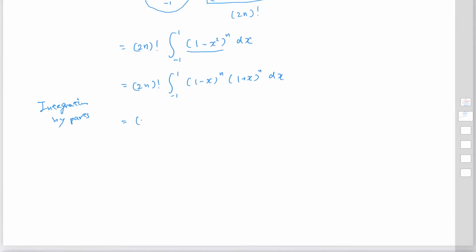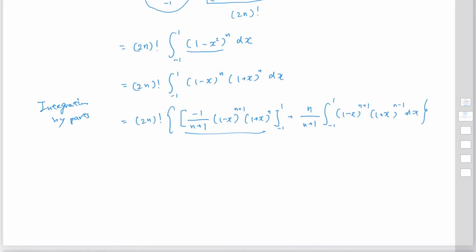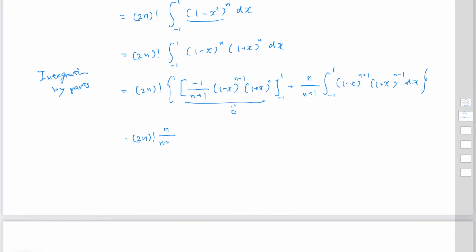So with factorial of 2n, integration by parts gives minus 1 over n plus 1, (1 minus x) to the n plus 1, (1 plus x) to the n, evaluated from minus 1 to 1, plus n over n plus 1, the integral of (1 minus x) to the n plus 1, (1 plus x) to the n minus 1. Then the first term becomes 0.